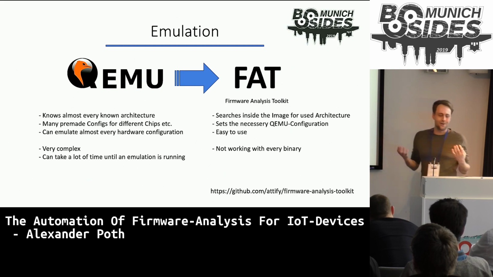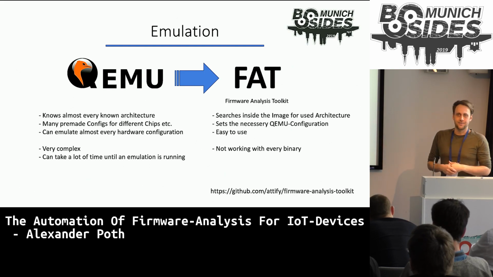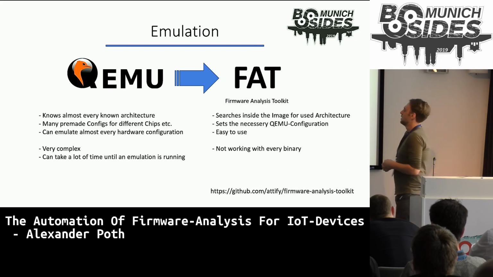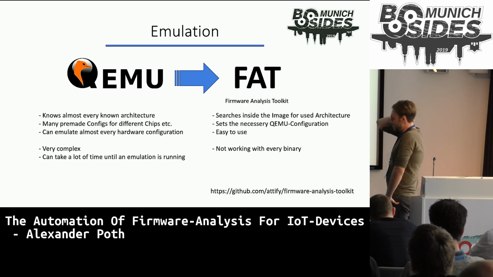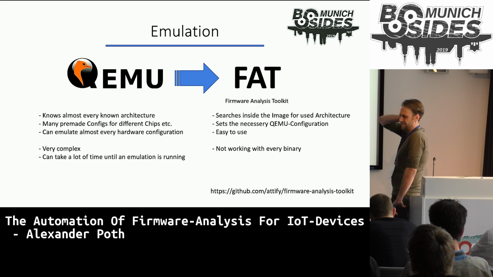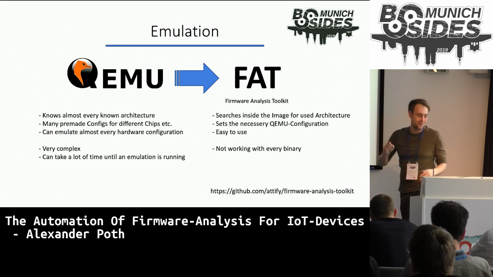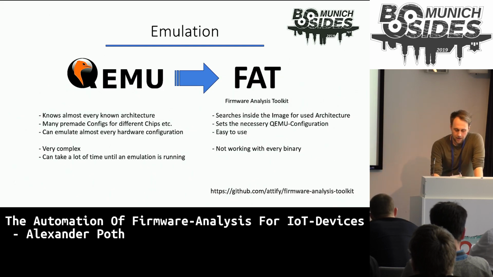So it does all the complex parts for you. It's very easy to use, but sadly it was not working with every binary. I think 80-90%, just very sad. But because it's very easy, I decided to use this tool for my little scripts.